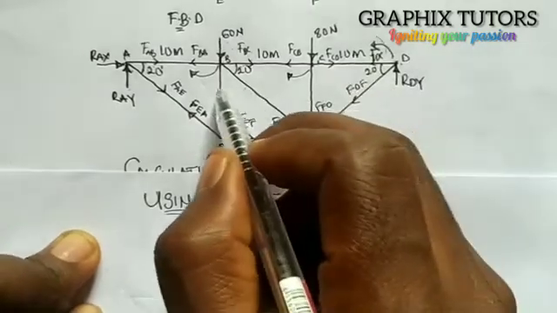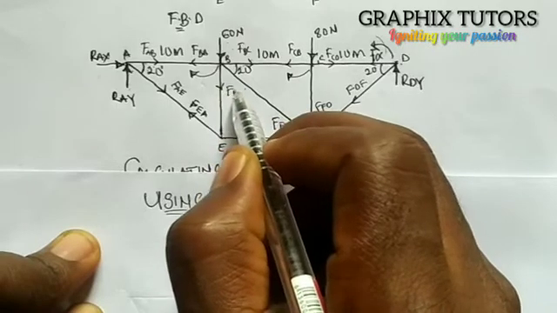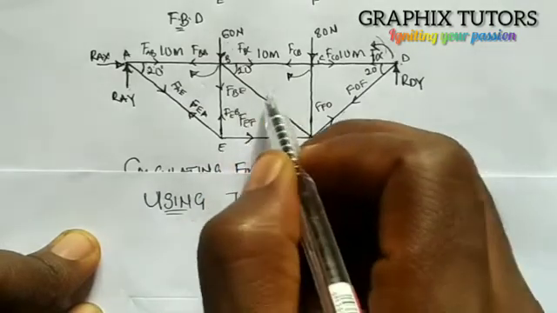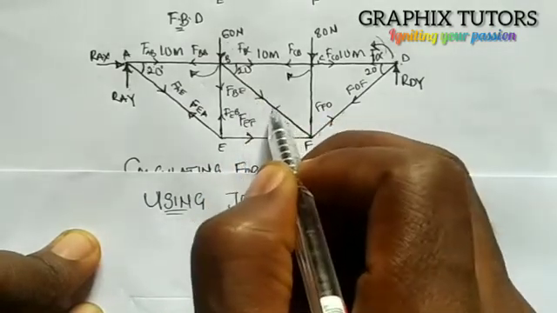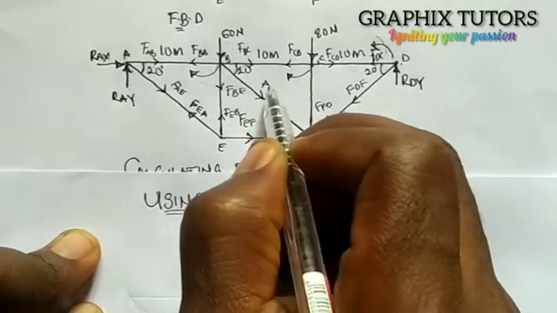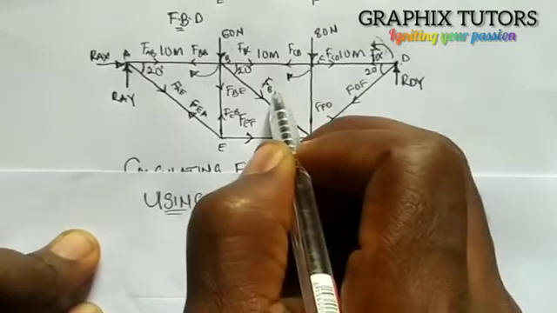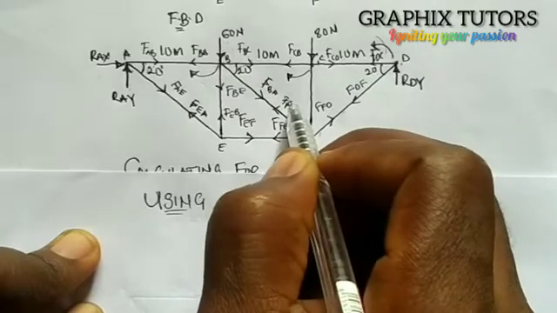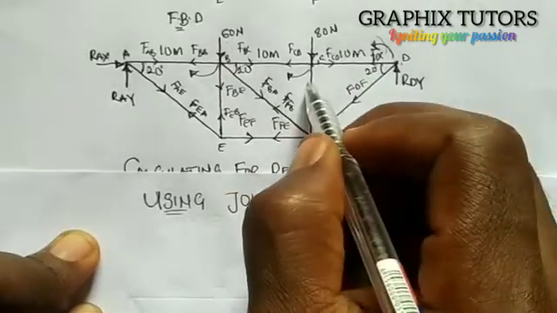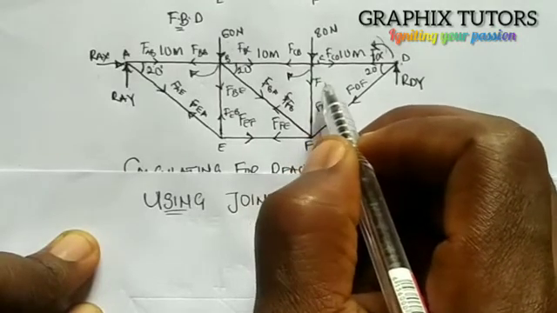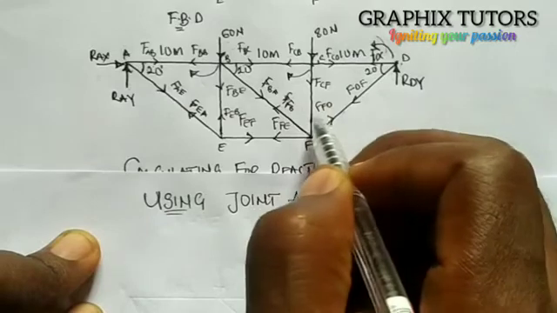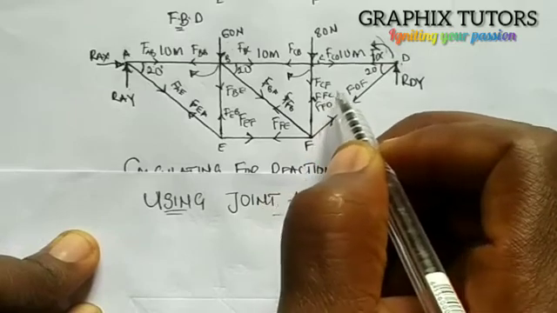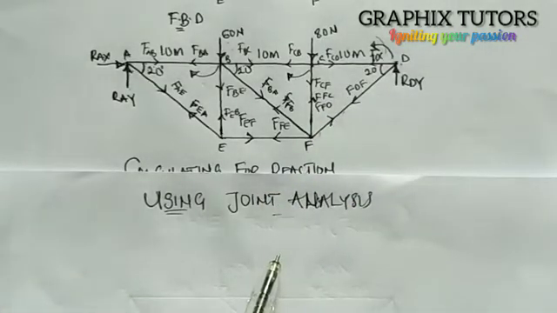Here also I have FBE and I have FEB. So these are the forces associated between each member. This is FBF and we have FFB. Here also I have FCF and here I have FFC. So these are all the members that we have in each of those joints, right?